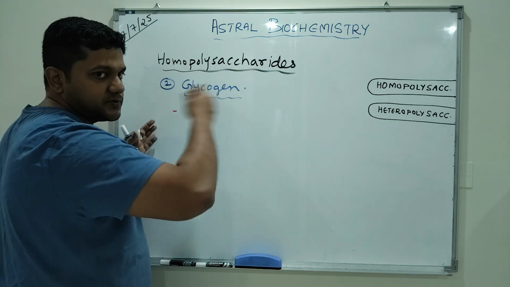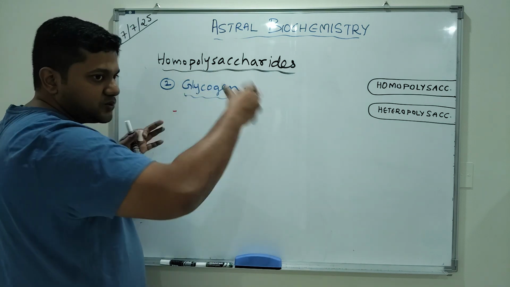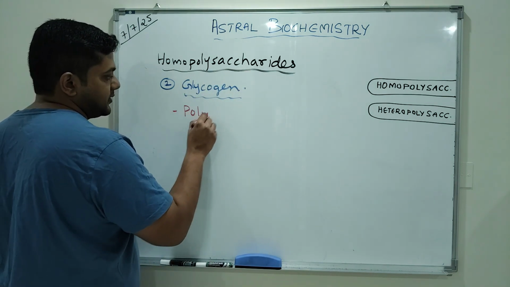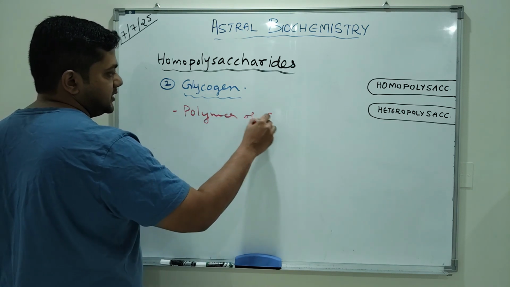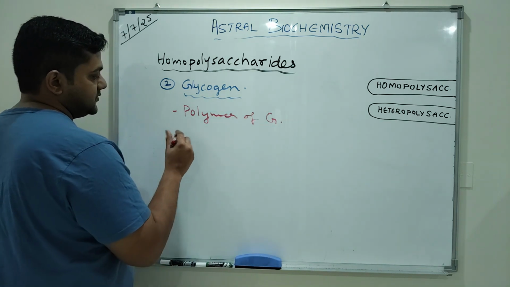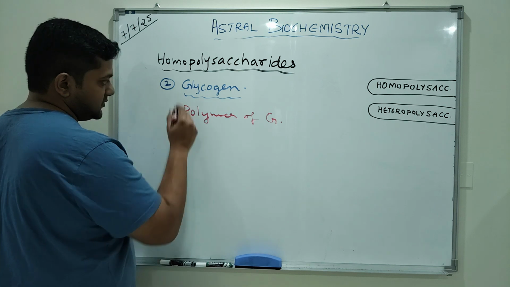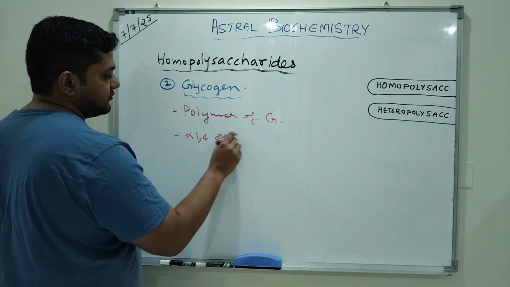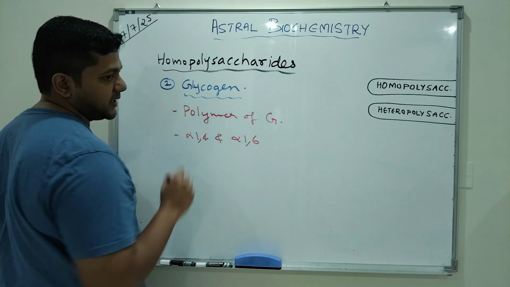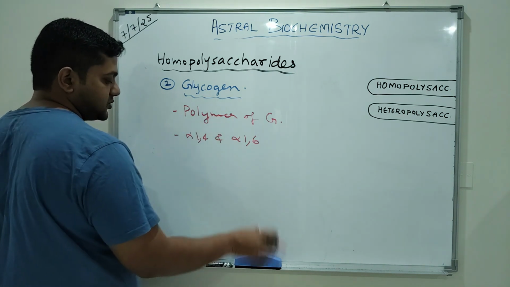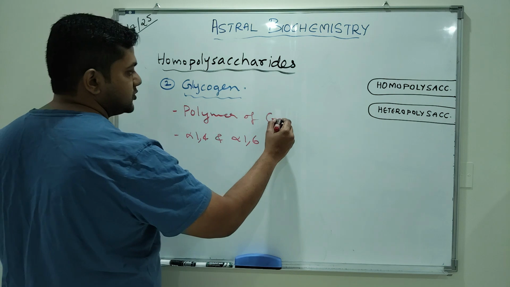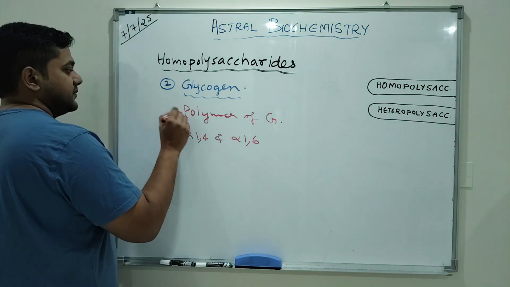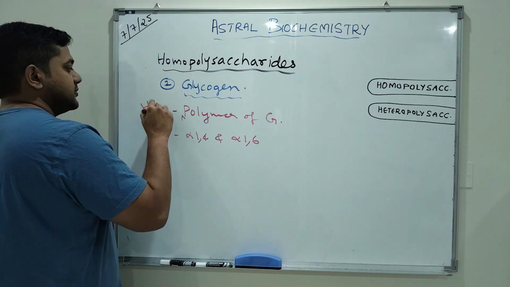That means all the units will be the same. In heteropolysaccharides the units will be different. In glycogen the linkages will be alpha 1,4 and alpha 1,6, because there is branching. So you can write that it is a highly branched polymer of glucose.